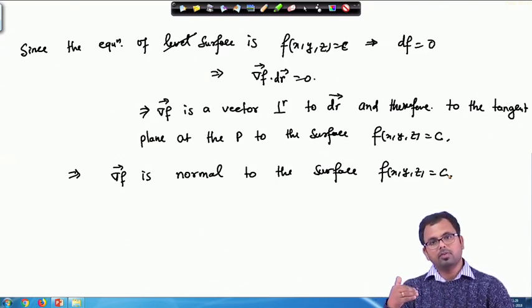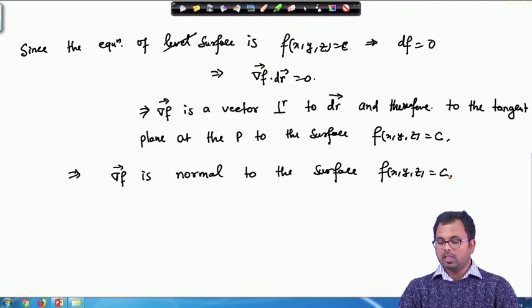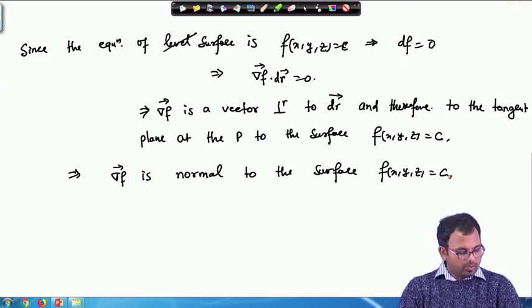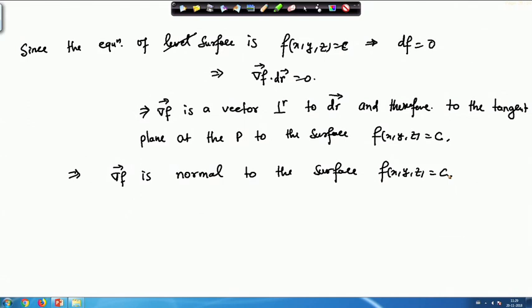If you have a scalar function or a surface given as f(x, y, z) equals c, then the gradient of f is a vector perpendicular to the surface, and this result proves that theorem.